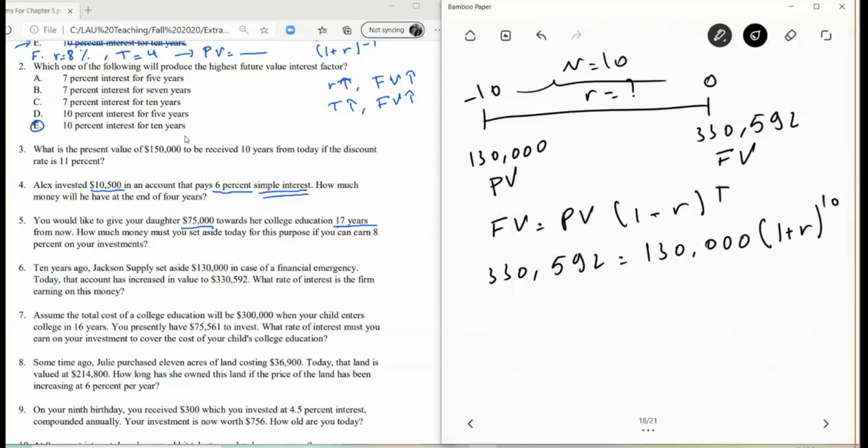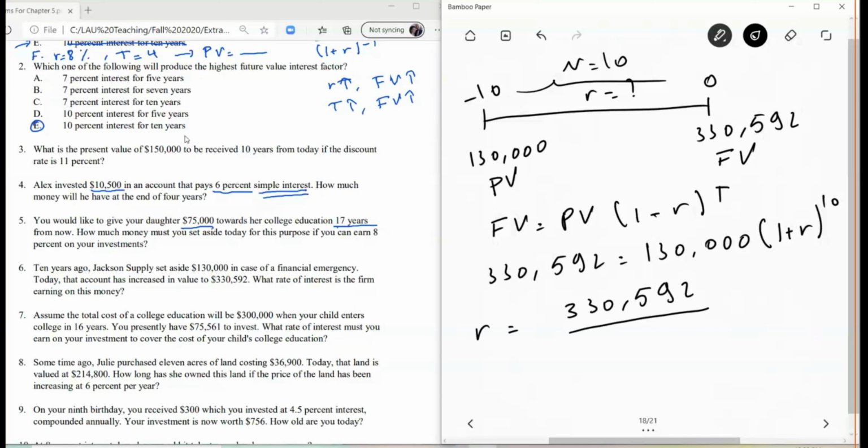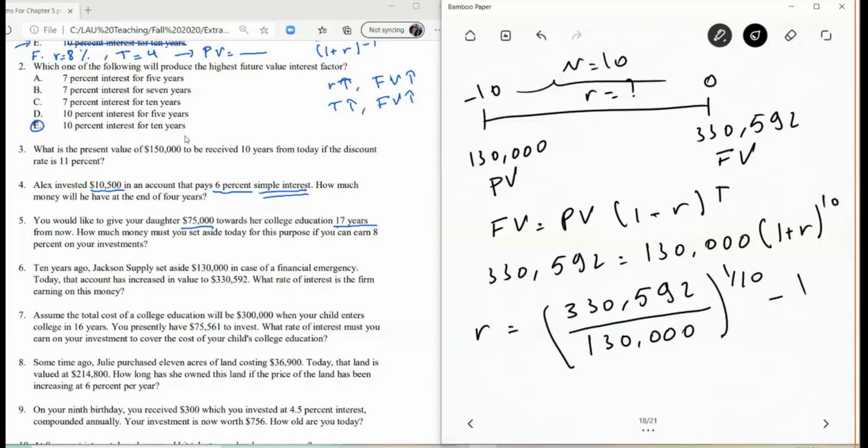In this case, R is equal to 330,592 divided by 130,000 raised to the power 1 over 10, minus 1.